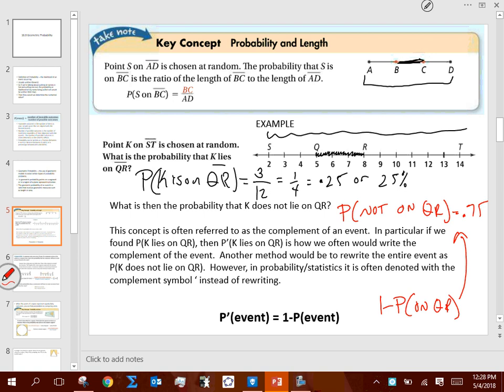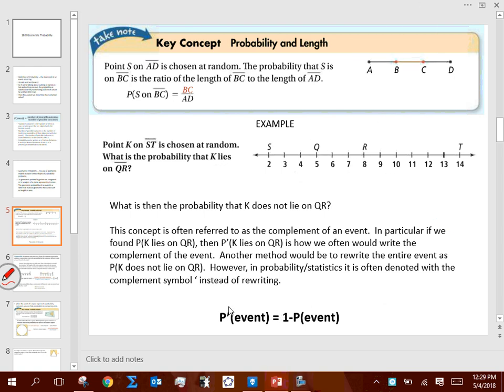So that's why we take 1 minus the probability of the event, and it tells me the probability of it not happening. Today's probability of rain was 30%. So what's the probability it's not going to rain? 70%. That 70% is the complement of it raining. So there are a couple different notation things that we talk about for the complement of probability.